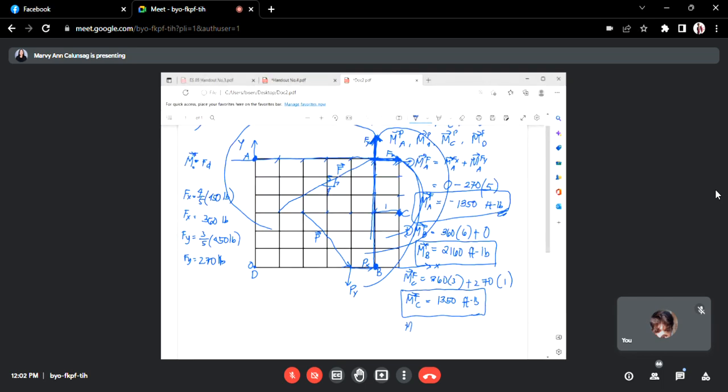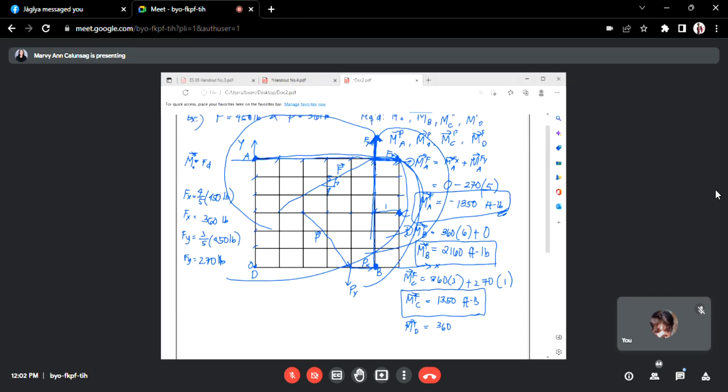And then lastly, we have the moment of F about point D. Here is D. Your Fx is again 360, and the rotation is clockwise. And your moment arm is 1, 2, 3, 4, 5, 6.